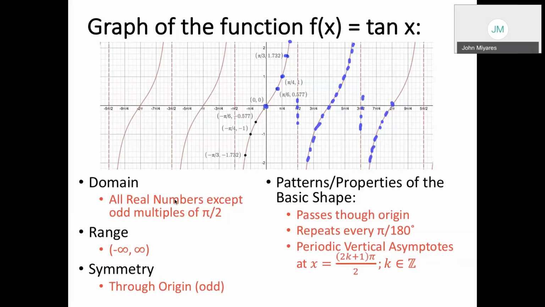One last thing to notice is that this function never decreases. I don't know that it would ever be appropriate to say that it always increases, because certainly what happens as x approaches pi over 2 or 90 degrees, as we travel from left to right, the values are spiking upwards towards infinity.